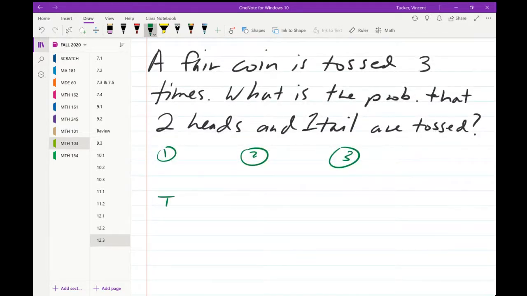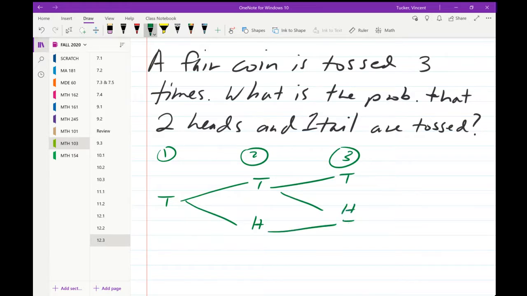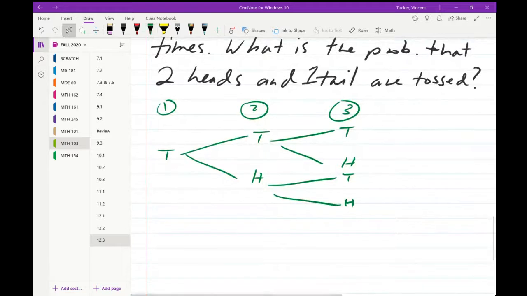Start off with landing tails first. Tails and heads. Do the same thing for heads.